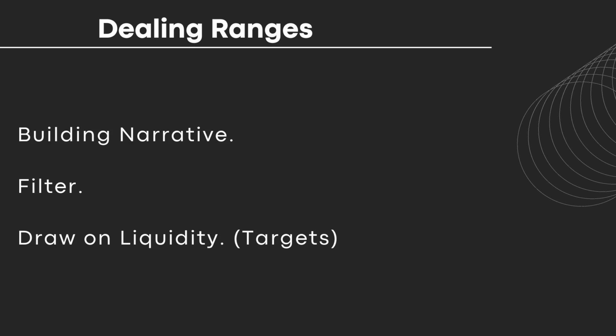The third aspect of the dealing range is that it can be used for determining and refining your draw on liquidity. Let me tell you how. For example, if we are in a bullish market condition, with a bullish dealing range, we know that price will tend to retrace to a discount key level before moving higher.